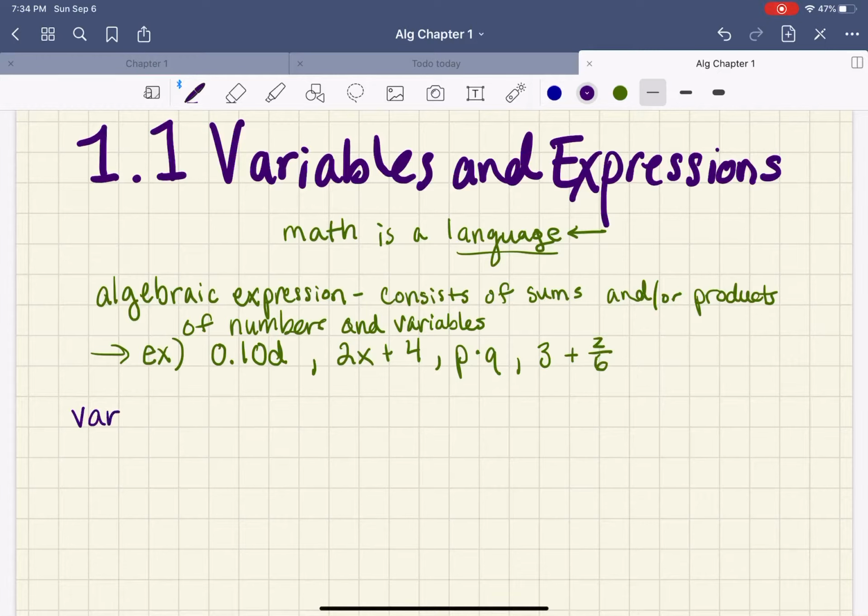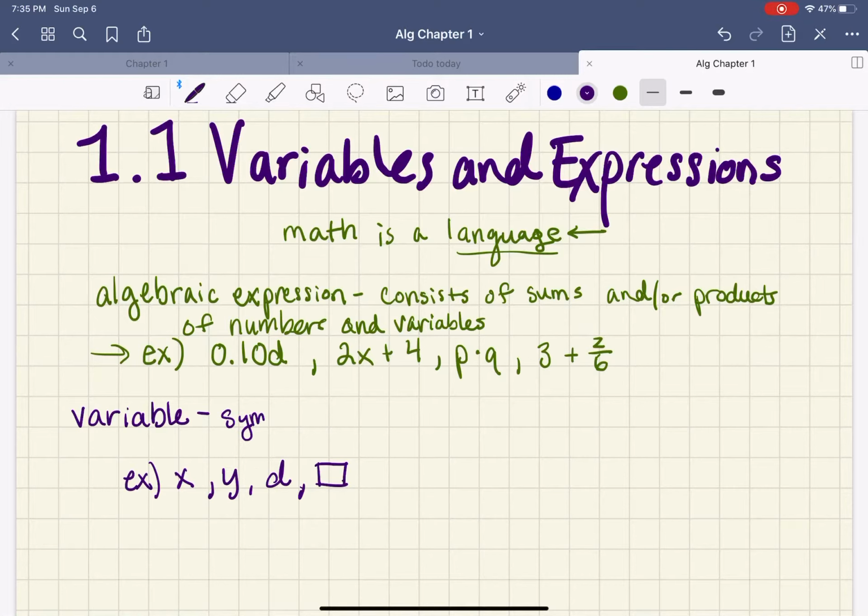Next, let's define what a variable is. Variables we know usually as like letters. X is the most popular usually. We also have Y. We can have pretty much any letter of the alphabet. And when you were first learning about expressions and solving expressions, you might have even had a box representing your variable because you were trying to predict what was there. Okay? So this is kind of our unknown. Our variable is always our unknown.